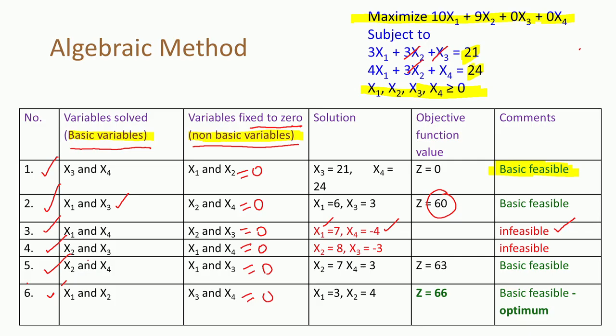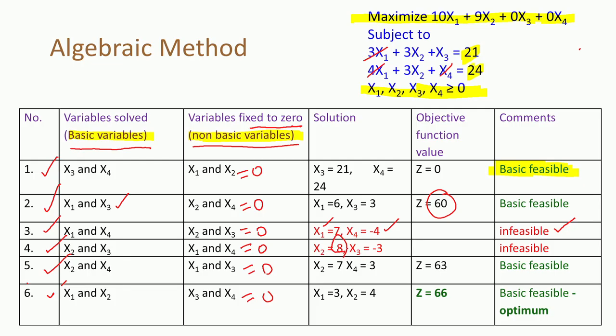We now go to the fourth one, where we are going to solve for x2 and x3. So, we will eliminate x1 and x4 here. This would give us 3x2 equal to 24, and then we would get x2 equal to 8, which is shown here.